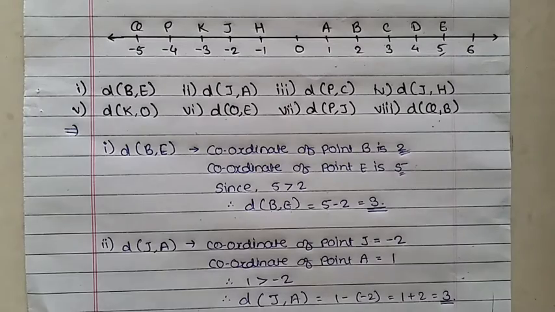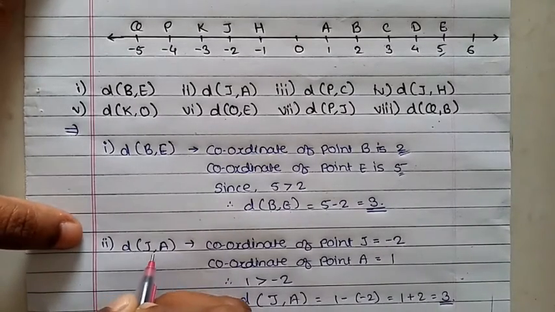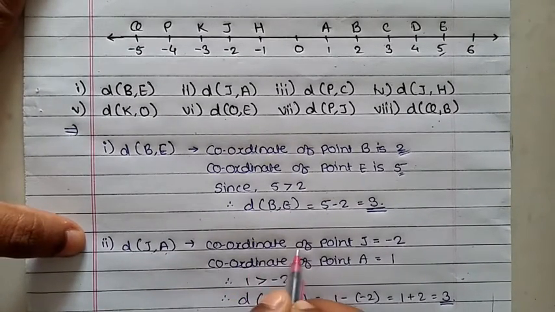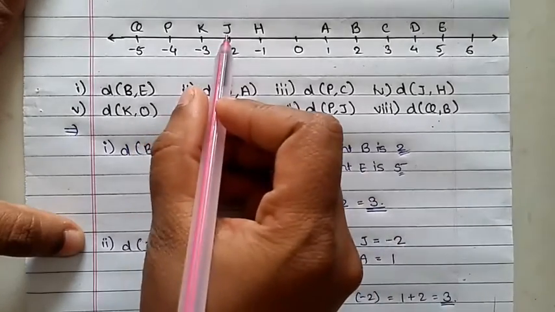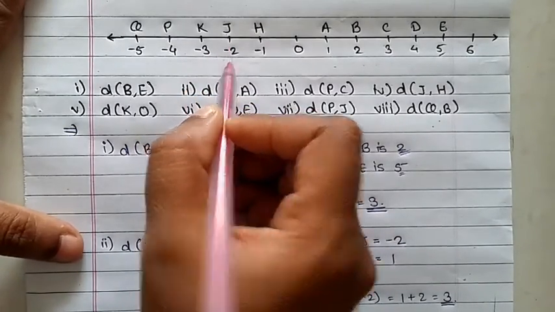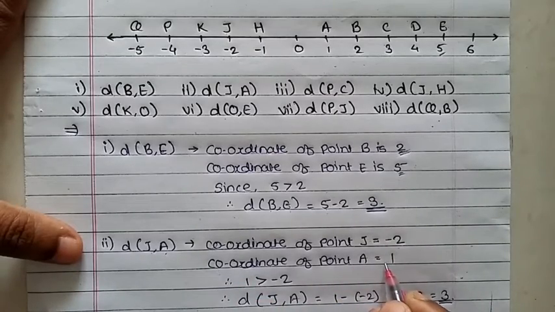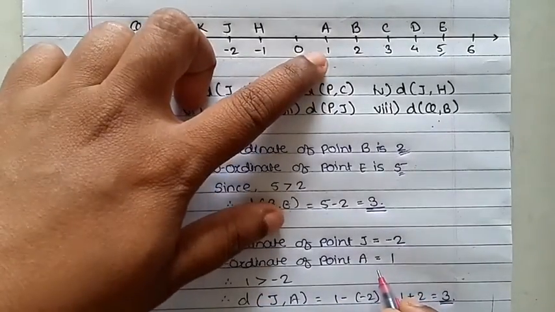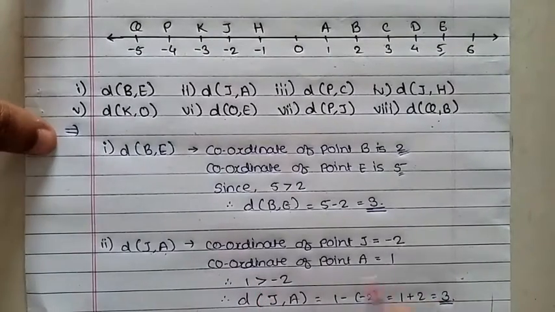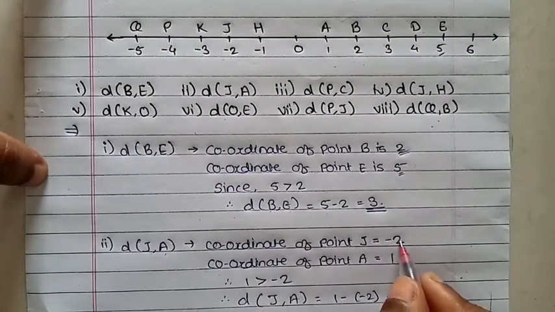Similarly, next we have to calculate the distance between J and A. So the coordinate of point J is -2, so write down -2 here. The coordinate of point A is 1. Which is the greater? 1 is greater than -2.